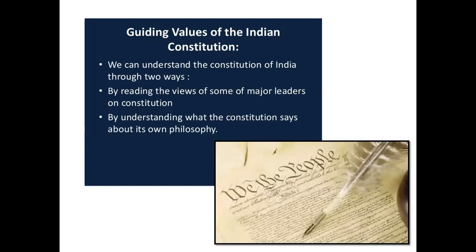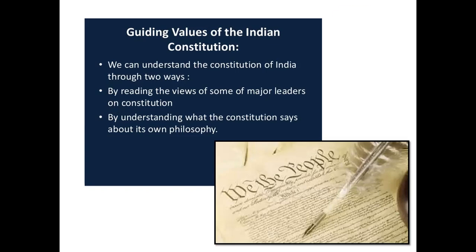With that, you can see our point of view and understand what the constitution says about our own philosophy. That means we give equality, justice, fraternity. I will tell you all this later when we discuss the preamble of our constitution. So it says how our constitution works and what our philosophy is.